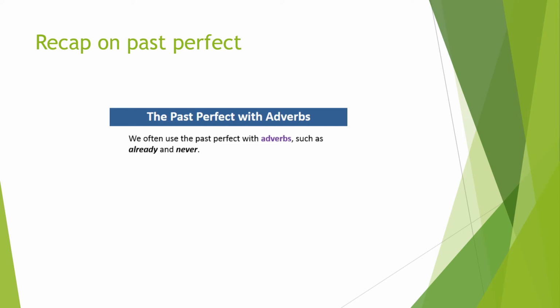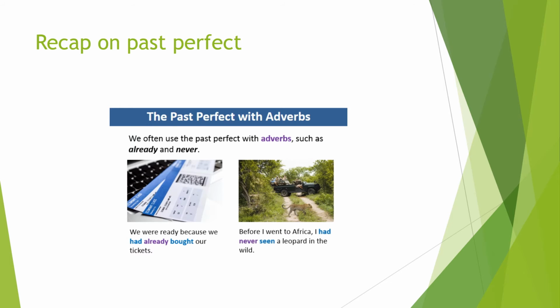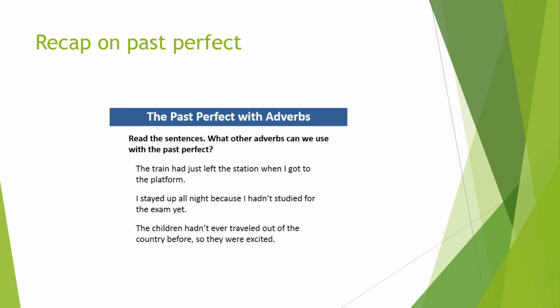The past perfect with adverbs. We often use the past perfect with adverbs, such as already and never. We were ready because we had already bought our tickets. Before I went to Africa, I had never seen a leopard in the wild. Read the sentences.